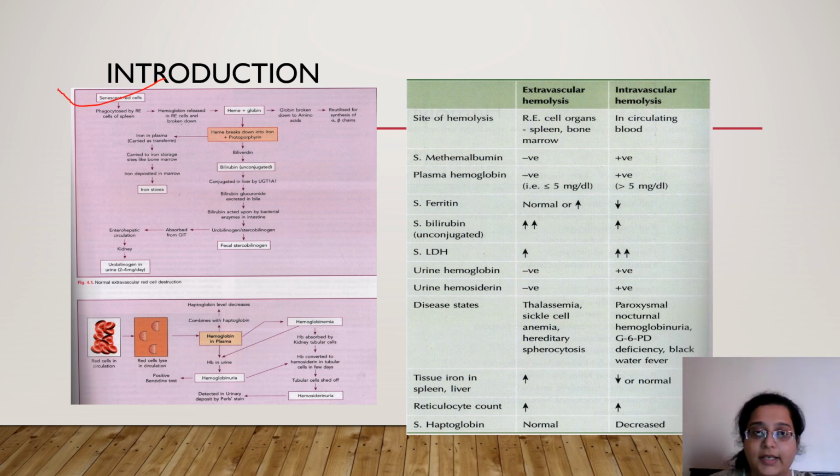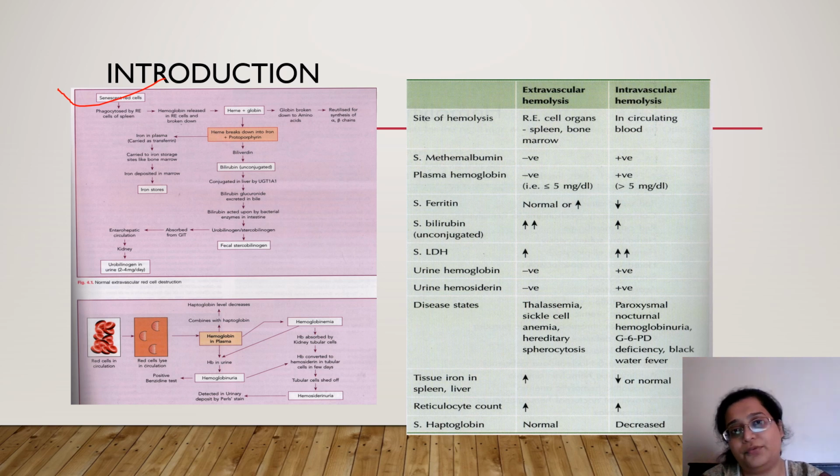What I just wanted to tell you was that when you see a peripheral smear where there are schistocytes and the schistocyte index is more than 1%, there are spherocytes, there are elliptocytes, there are target cells, or you are not getting that population but you are getting one of the population, we have to always first rule out a hemolytic process.